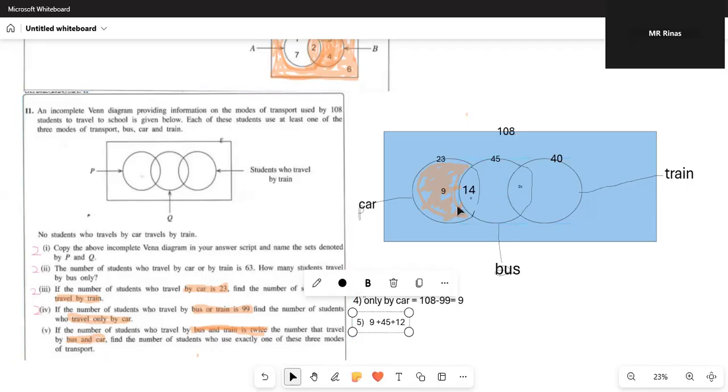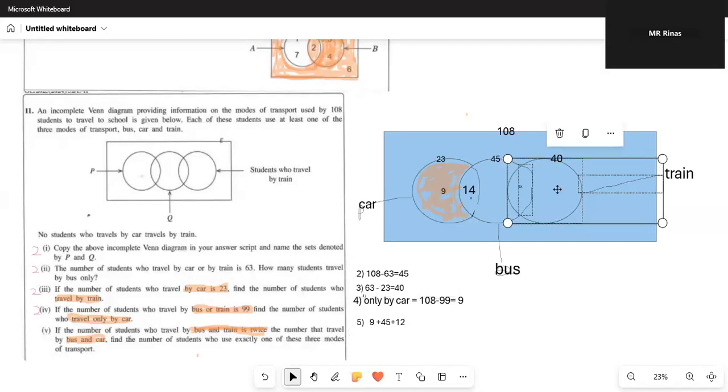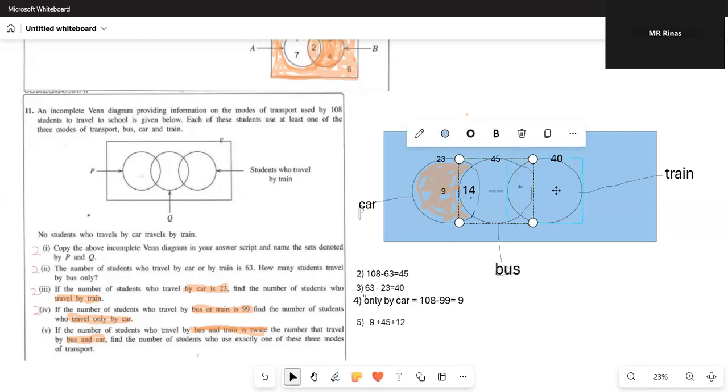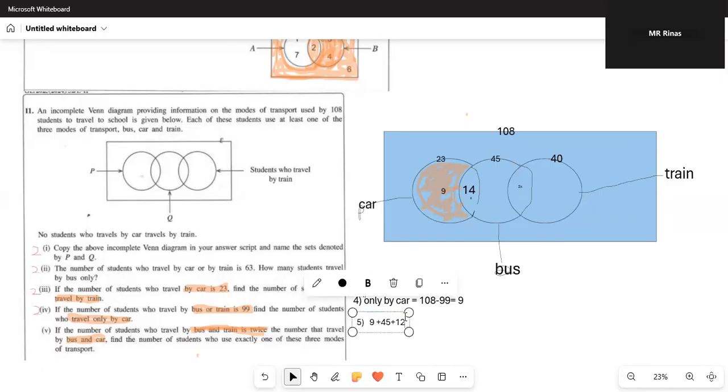Then you know that here it is 9, here this is 12, so altogether it is 66.